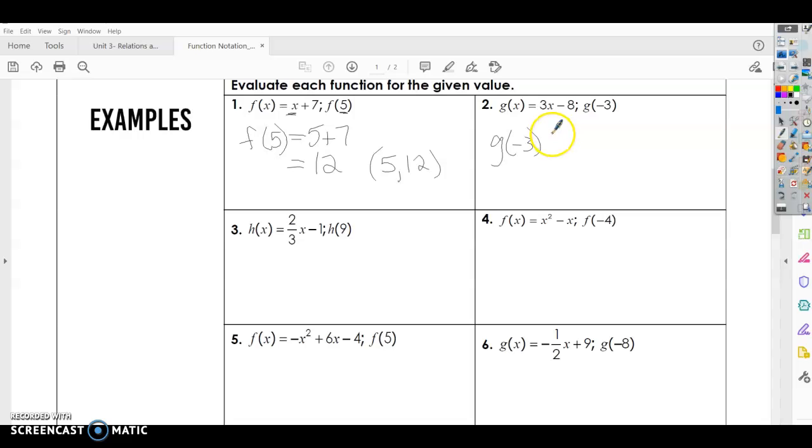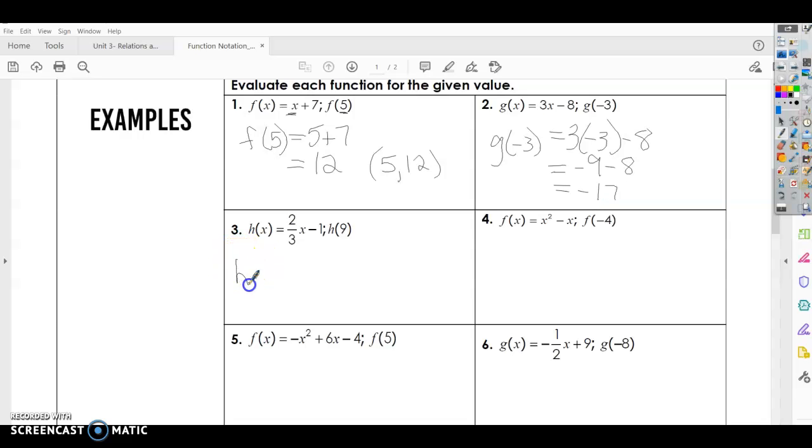So for g of negative 3, we take 3 times negative 3 minus 8. 3 times negative 3 is negative 9, minus 8 is negative 17. So our output, or g of x, equals negative 17 when you input negative 3.